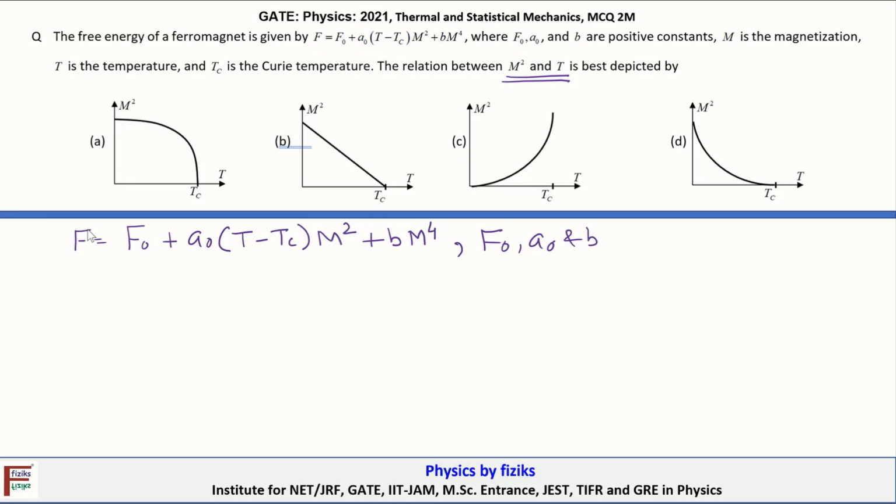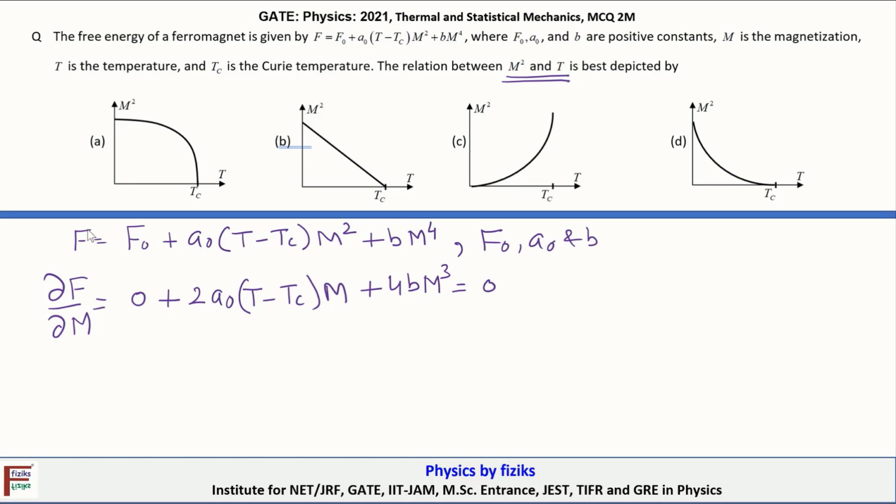So we are going to minimize the free energy as a function of M. So dF by dM: the constant will give us 0, and from the next term it's 2a naught (T - Tc) multiplied by M, and then plus 4b M cube, and this should be equal to 0.